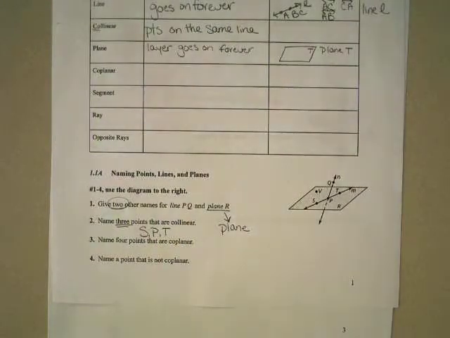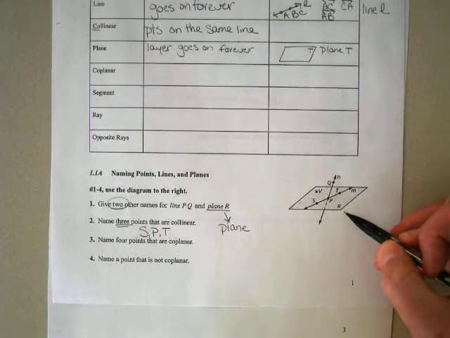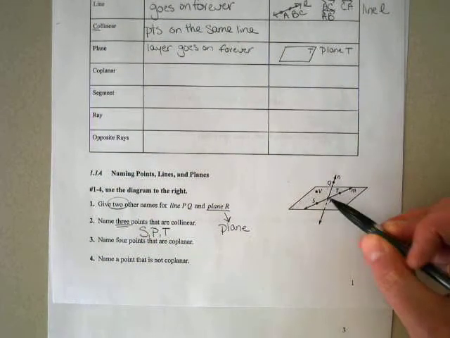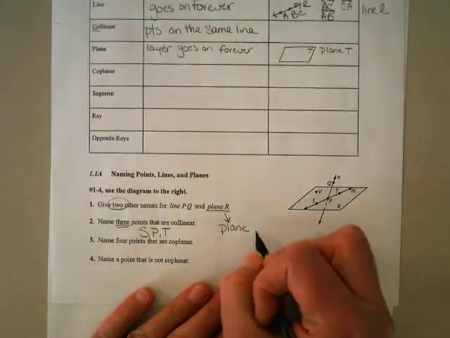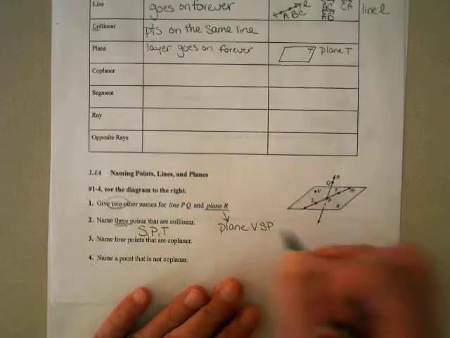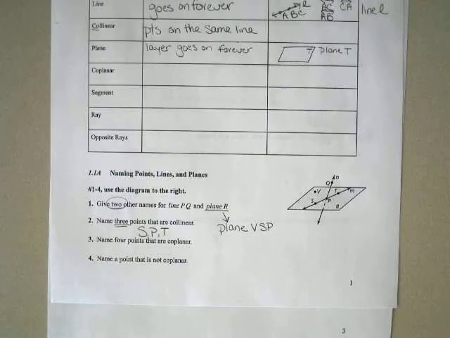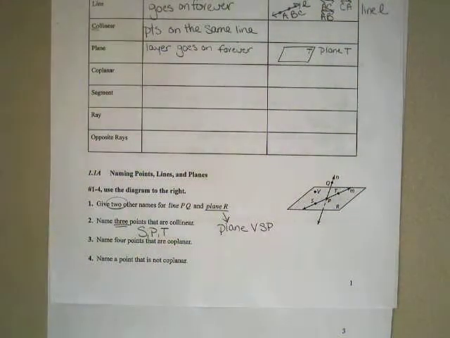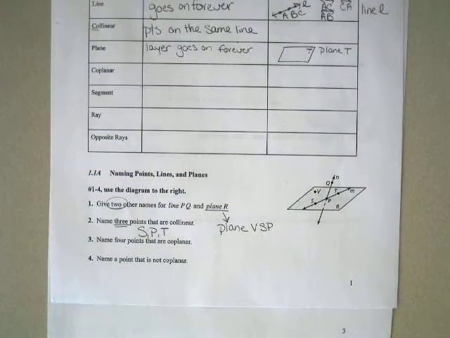Now you can't pick R because they already used R. So pick any 3 letters, like how about VSP. You just got to pick 3. I don't 100% know why 3, but they always want 3. I don't know if that's just to give a better description or what, but they always pick 3.